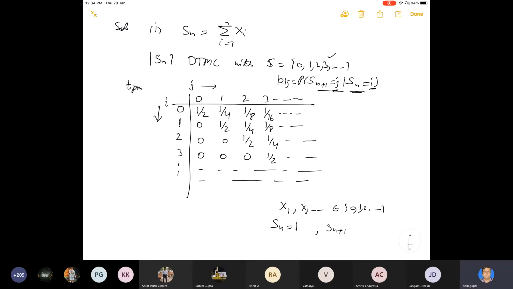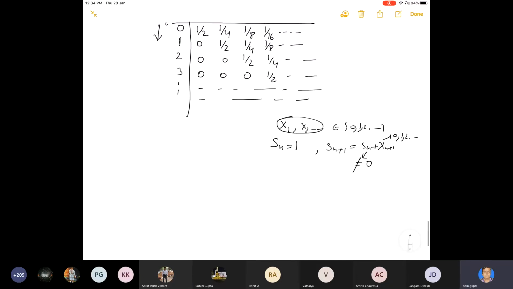Sn plus 1 is Sn plus xn plus 1, and the xn plus 1 are IIDs. Because Sn is 1, whether this takes value 0, 1, 2, 3 and so on, the total summation cannot be 0. Therefore this is an impossible event, so its probability will be 0.